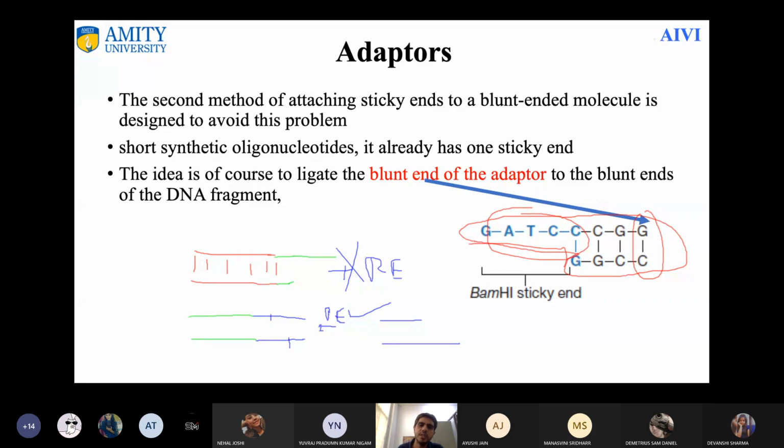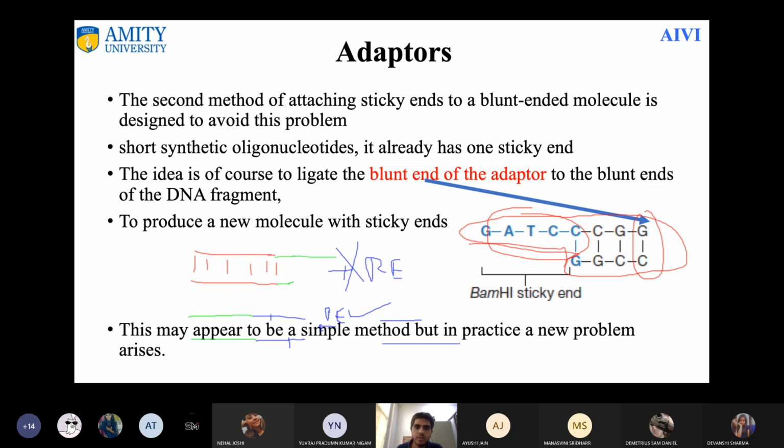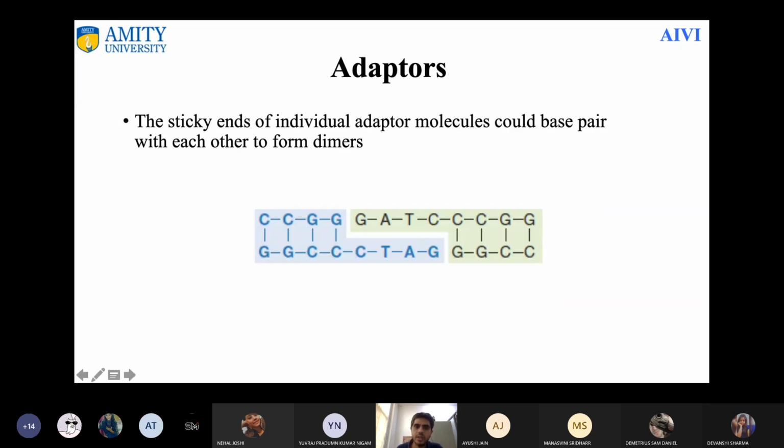But as I mentioned, you are using these linkers more as compared to the adapters, because in the adapters, as you have seen when we talked about the drawback, a situation of self annealing is going to occur. In this case, we are again left with the blunt-ended one.